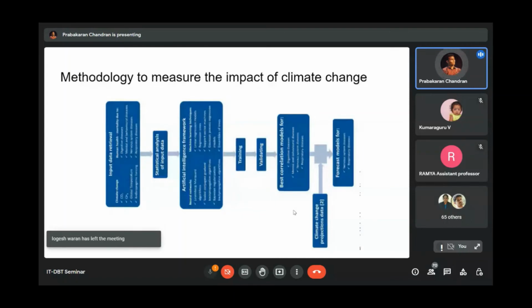Once we have those analyses, we'll be able to build an artificial intelligence framework which is able to train itself on the data and predict possible epidemic or endemic issues based on the climate changes. Let's say if a 2% increase in carbon dioxide emission happens, what will be the problem?